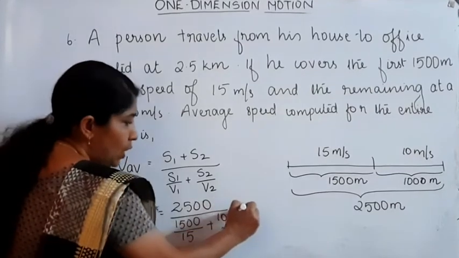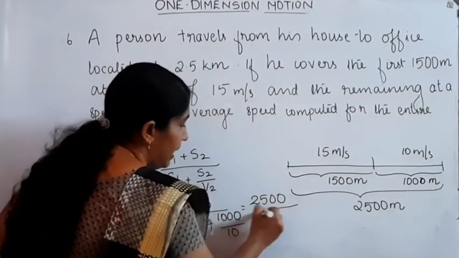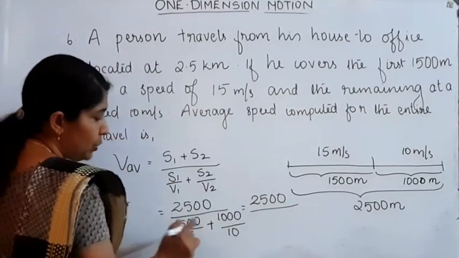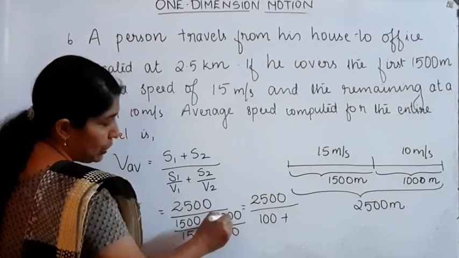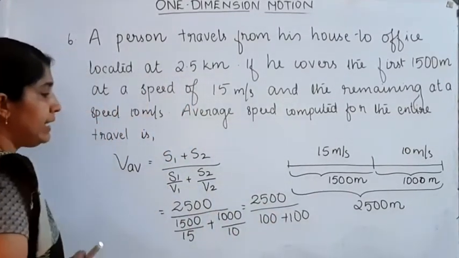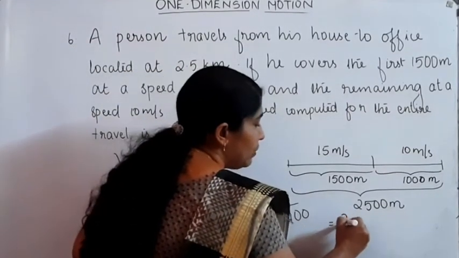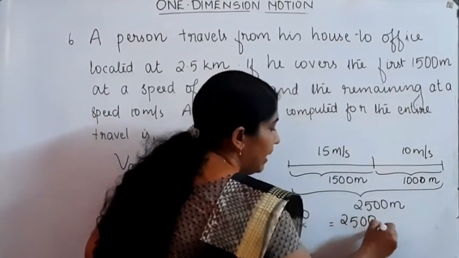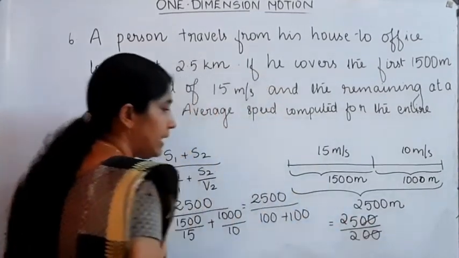On solving this, 2500 divided by 100 plus 100, that is 2500 divided by 200. Zeros get cancelled.